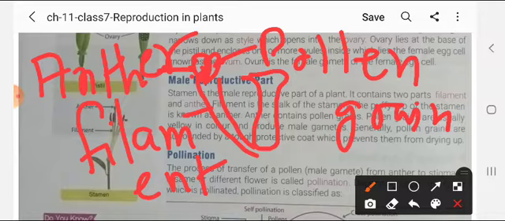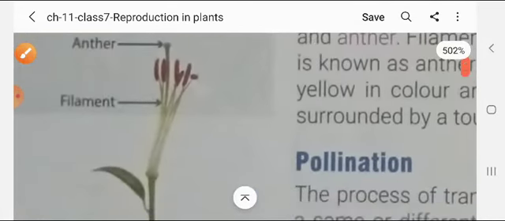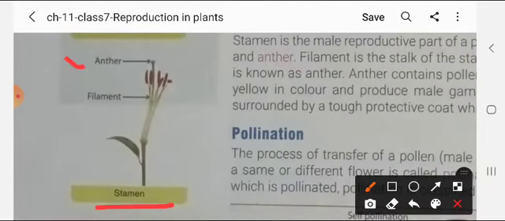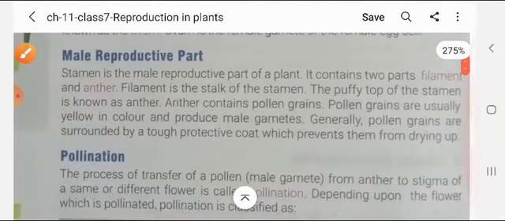Okay, students. So you can see here the male reproductive part, which is called the stamen. The anther is present at the tip of the filament. The thin body is called the filament, and above the filament is the anther with pollen grains. The puffy top of the stamen is known as the anther.